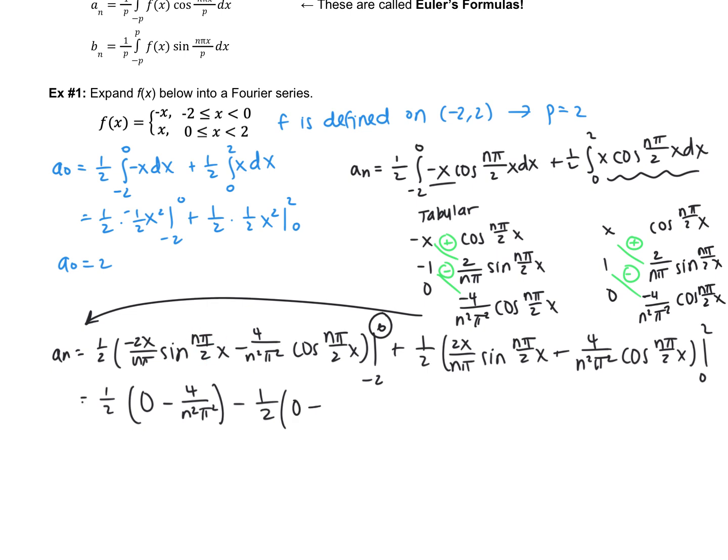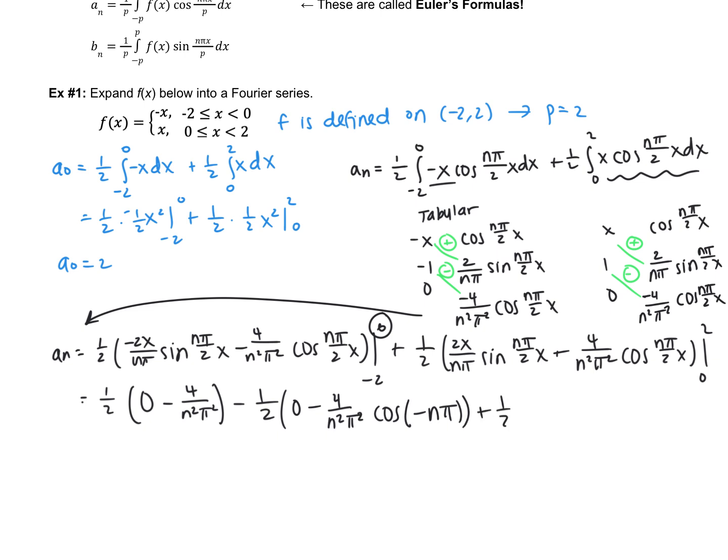And then when I substitute in negative 2 to this expression right here, I'm going to get 4 over n squared pi squared cosine of negative n pi. So all of that is just the first evaluating.